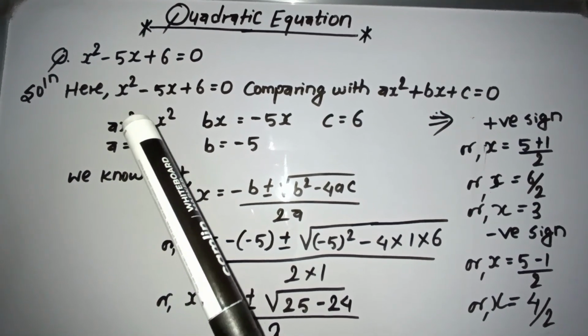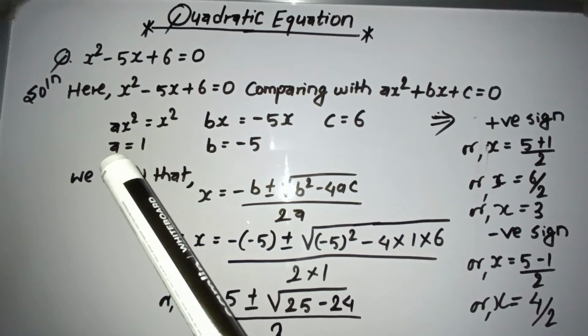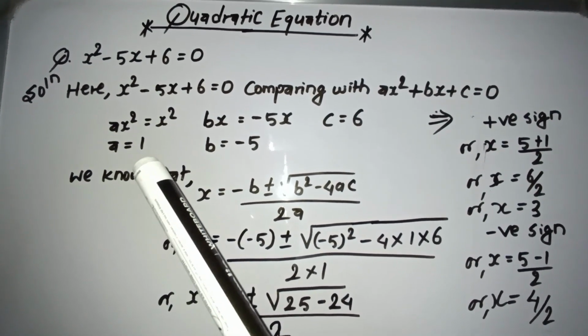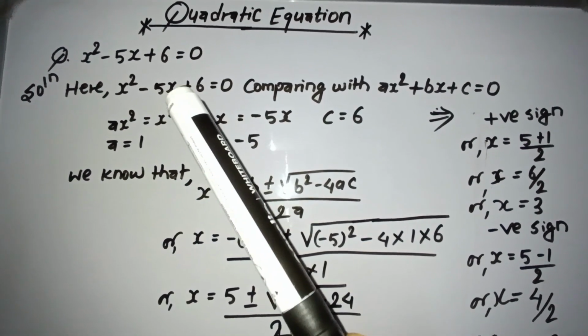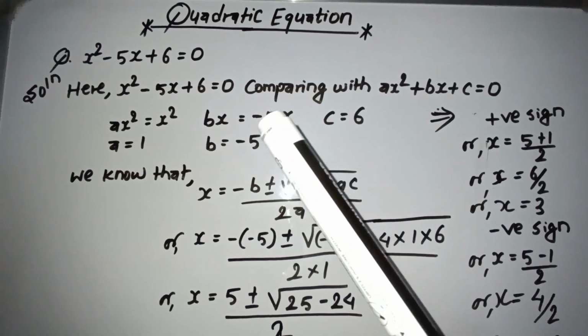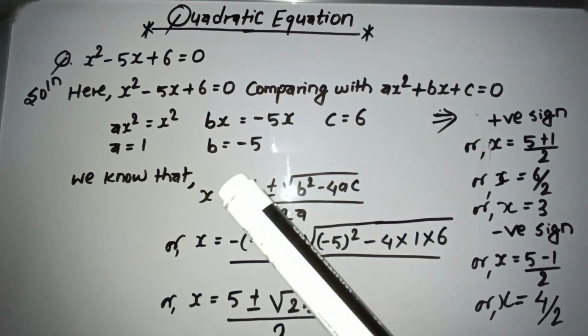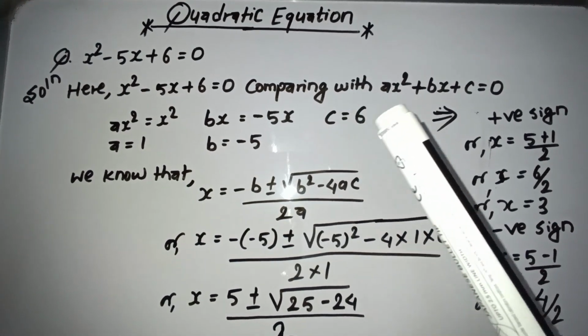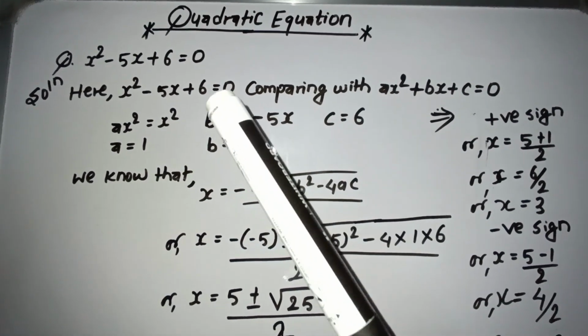We cut x square and x square, then here 1 is remaining. So a is equals to 1. Similarly, bx is equals to minus 5x, and we cut x, then we get b is equals to minus 5. Similarly, compare with c, that is c is equals to 6.